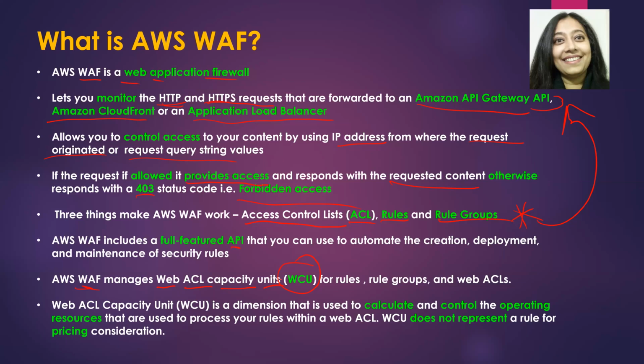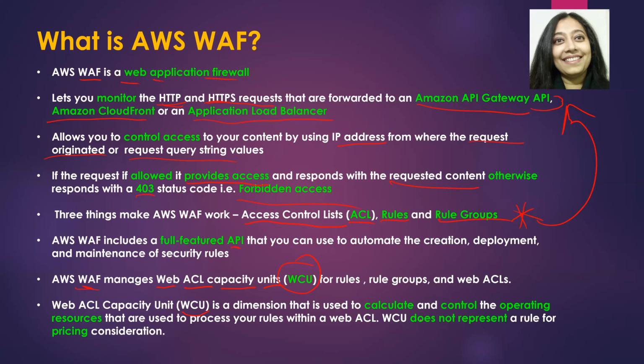Now, unlike DynamoDB where you had capacity units that were used for pricing, this is not used for pricing. This WCU is just a dimension that is used to calculate and control the operating capacity that is used to process your rules within a Web ACL, right? So it is not for pricing purposes.